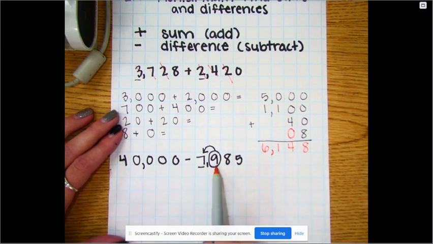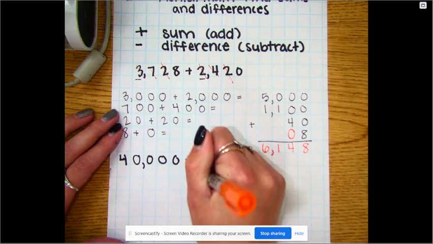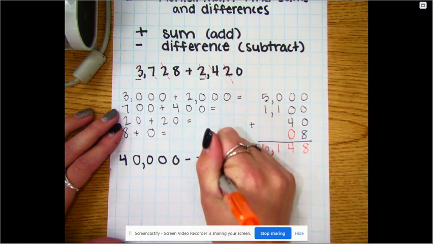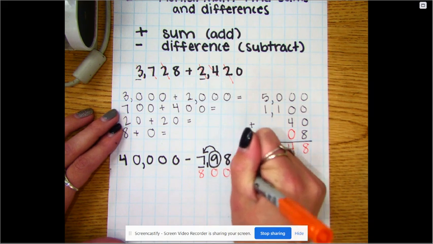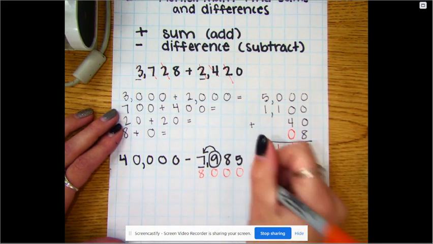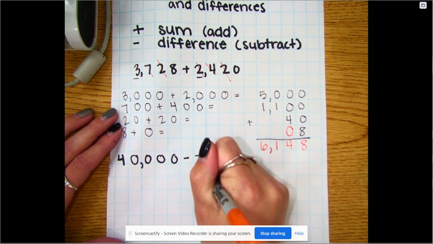If I round and I say my rhyme, 5 or above, give it a shove, I know that 7 is going to become an 8 because 9 is 5 or above. I also know from my rounding unit that everything else is going to become big fat zeros. I'm going to use my trick to put my comma in. 1, 2, 3, cha-cha-cha.